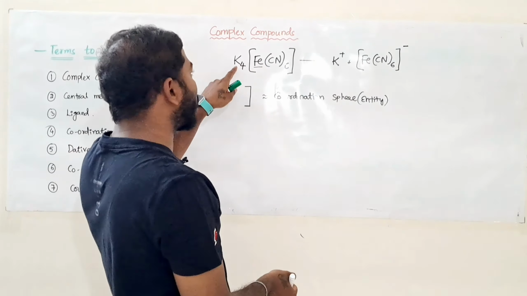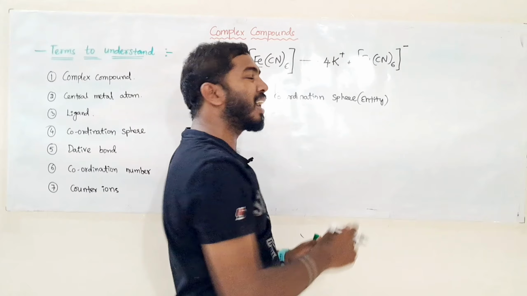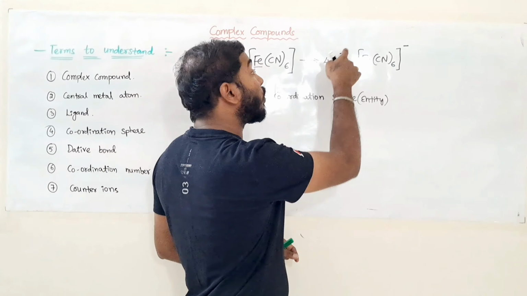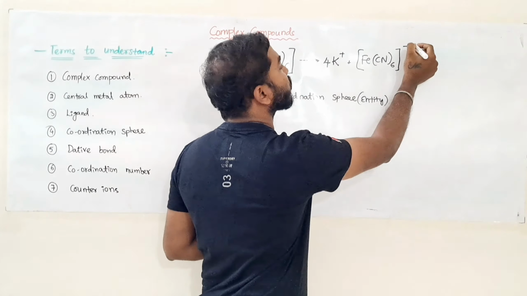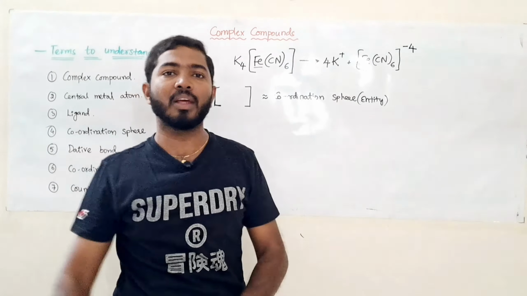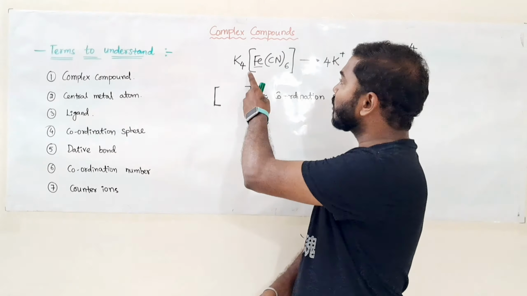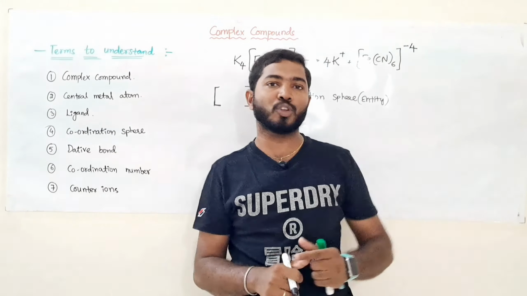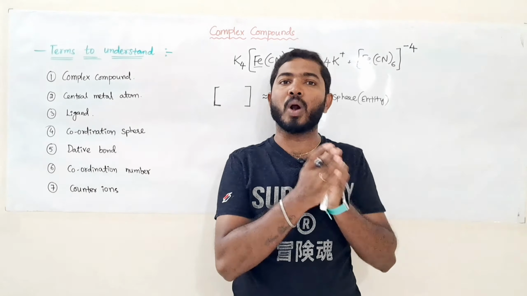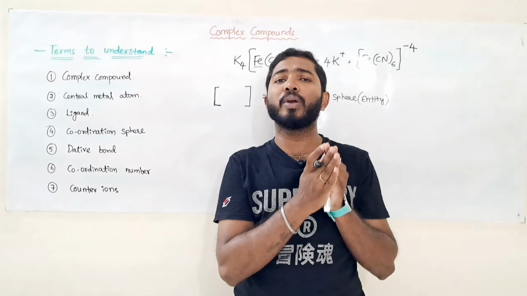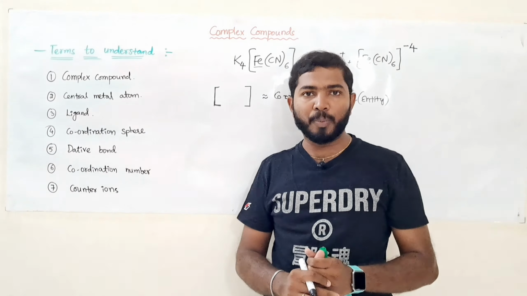But please note, we have 4 potassiums, so we take 4 K+, so the overall positive charge is +4. To balance this +4, the coordination sphere must be given -4. I hope you understood. The role of counter ions is to balance the charge on the coordination sphere, which is very important. If we miss the charge on the coordination sphere, we will get many difficulties in understanding the concept. Hope you understood.